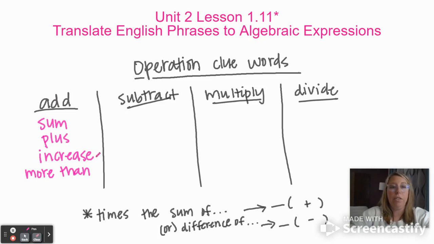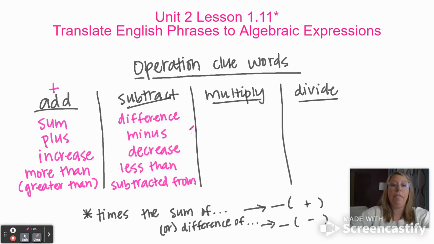Increase is often used in real world context problems. And then we have more than. More than is sometimes written as greater than. All of these are going to be clue words or phrases that would indicate you need a plus sign in your algebraic expression. Let's move on to subtraction.